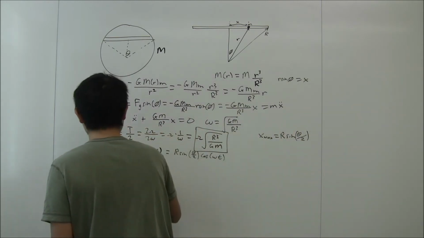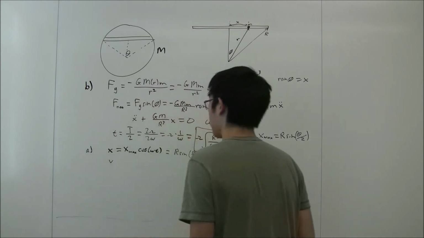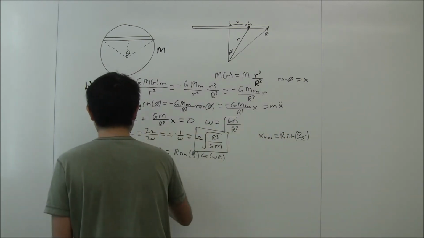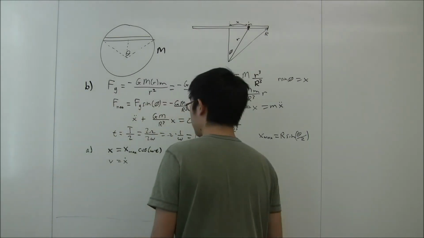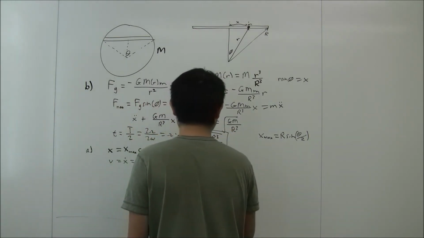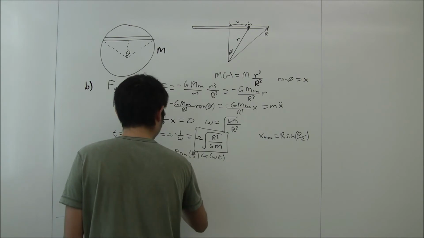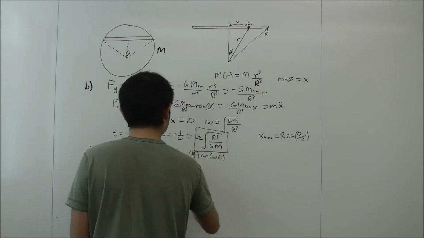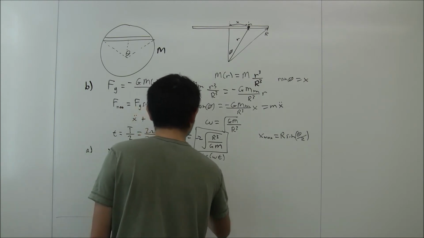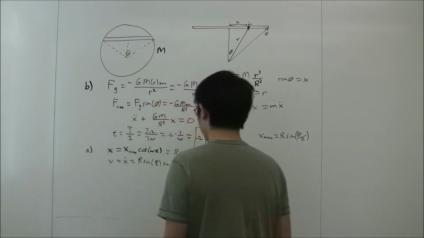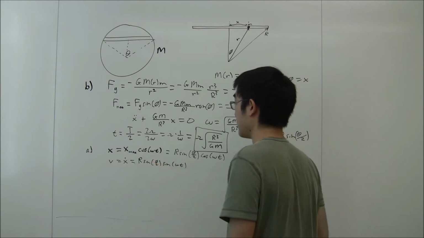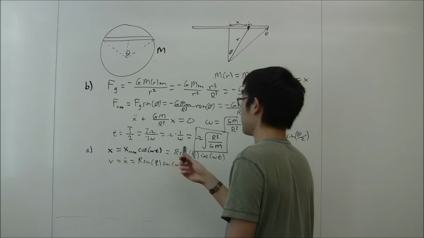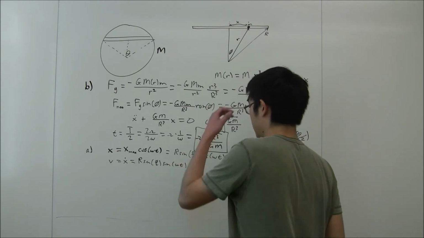So the velocity of the astronaut is going to be given by x dot, which is just r sine of theta over 2 times sine of omega t, since the radius of the asteroid is constant, and theta is also a constant, so sine theta over 2 is a constant.